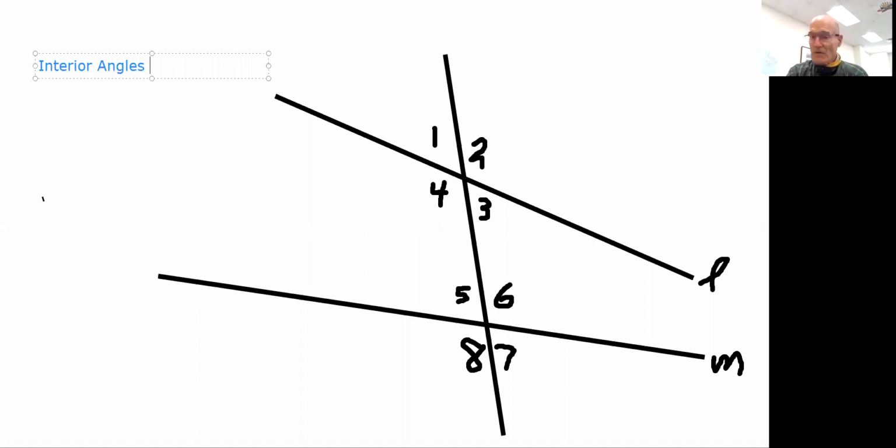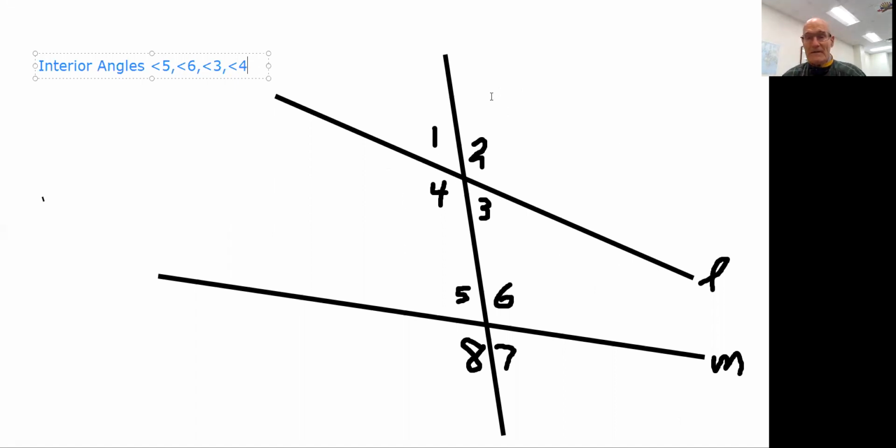Those are angles, so we can do our less than sign. So angle 5, angle 6, angle 3, and angle 4, because those are in the interior region between the two lines, okay?